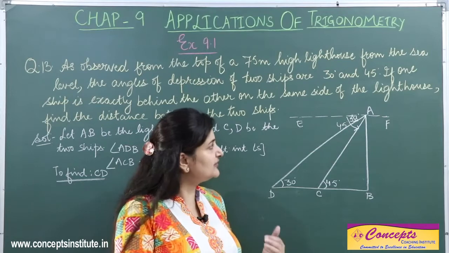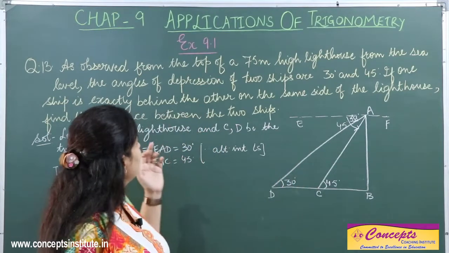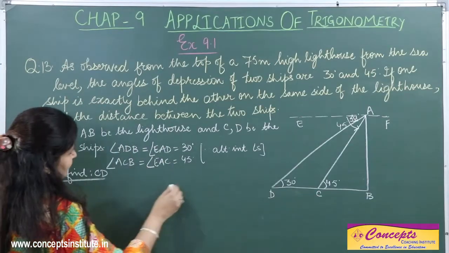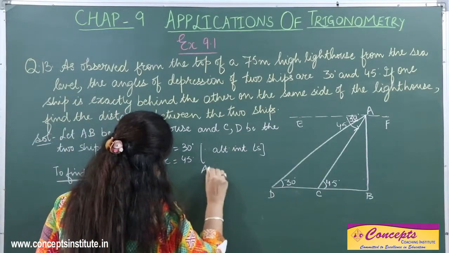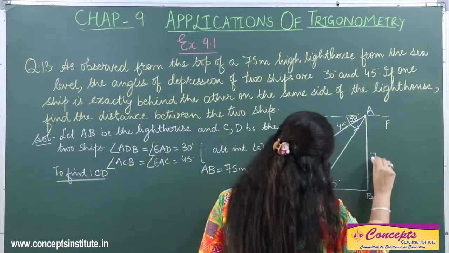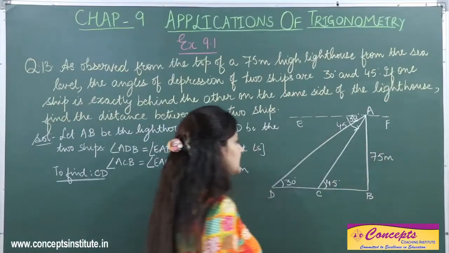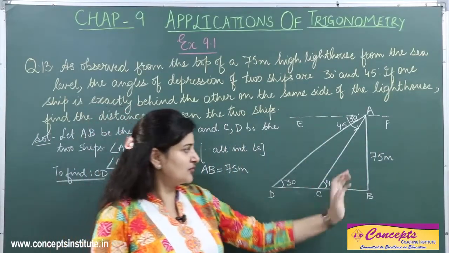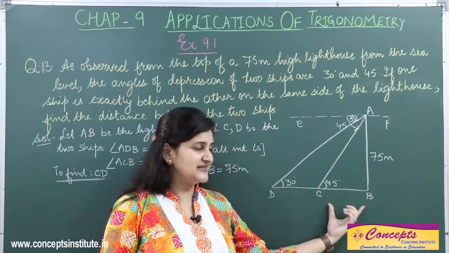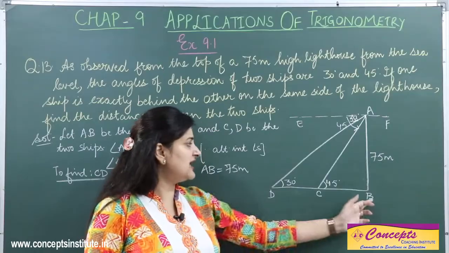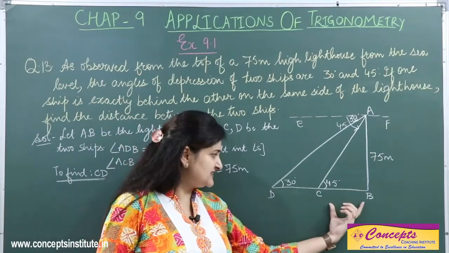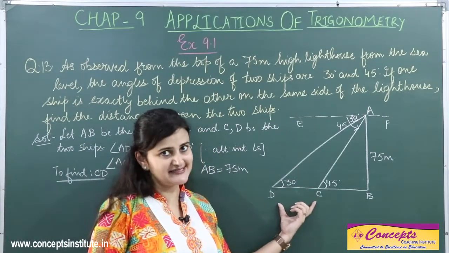AB is already given to me as 75 meters, so I hadn't written that. It was given that AB is 75 meter, and as you can see, it is always better to write it on the figure itself so that it is easier to see. From triangle ABC I am going to find out BC, and from triangle ABD I will find out BD. And after that I am going to subtract BC from BD to get the value of CD, right?